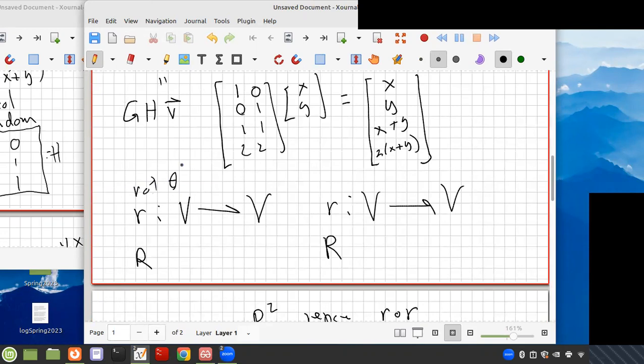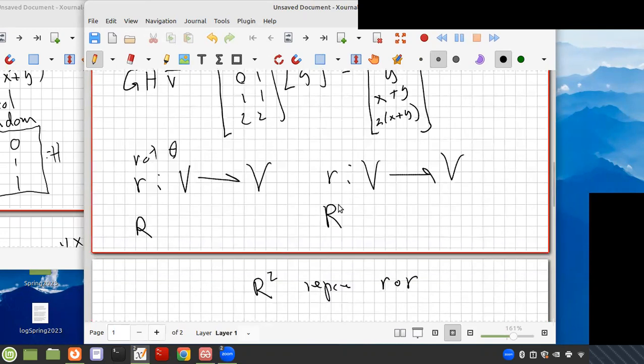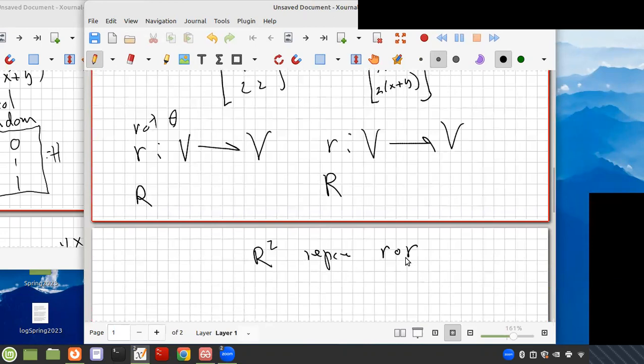So I could compose them. I could represent that with a matrix R here that would then produce the rotated vector. If I wanted a rotation of 2 theta, I could compose these two maps, and this R times R would represent the rotation by 2 theta, twice that angle. I could implement that by just multiplying this matrix twice. So R squared would implement that map.